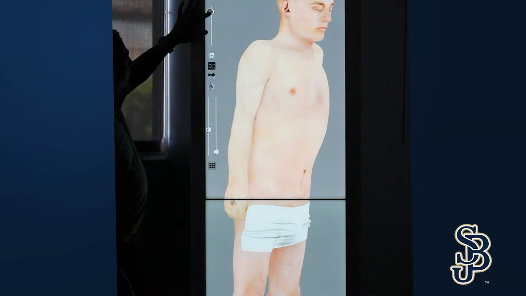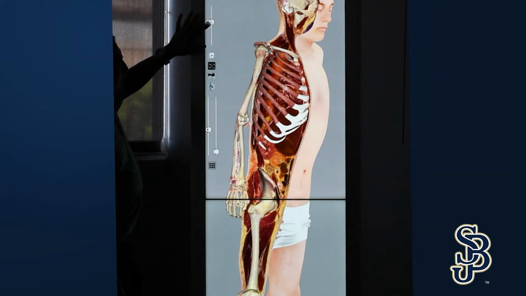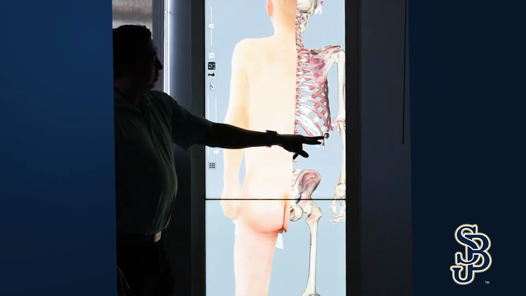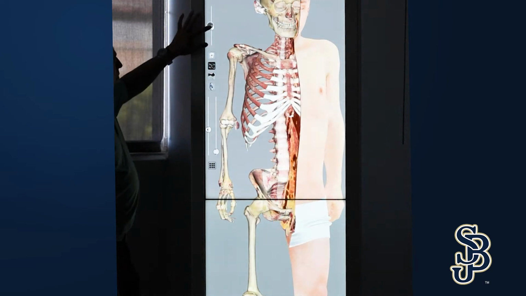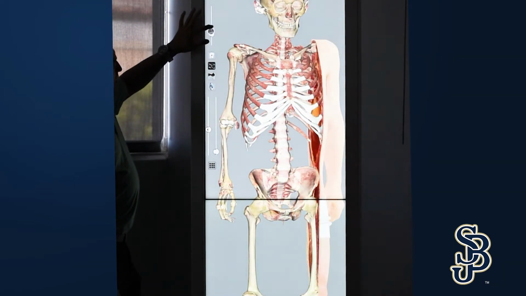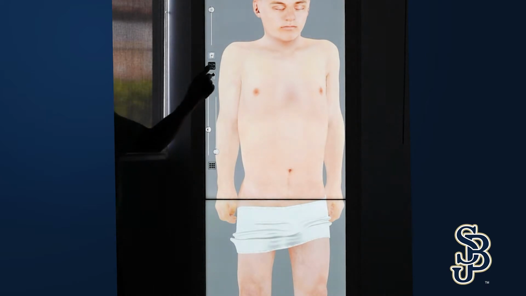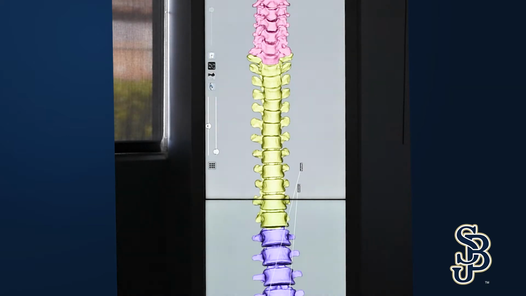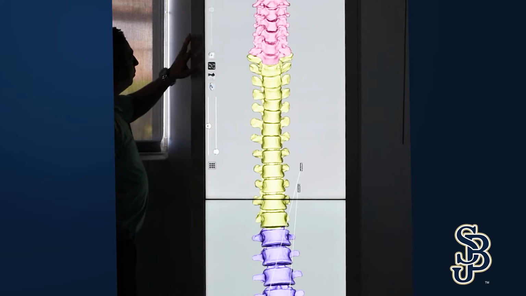So I can pick and choose what I want to dissect. The touch of a finger, I can bring it right back. This also has different features like the quiz or game mode, where I can teach myself the human body systems through self-quizzing.